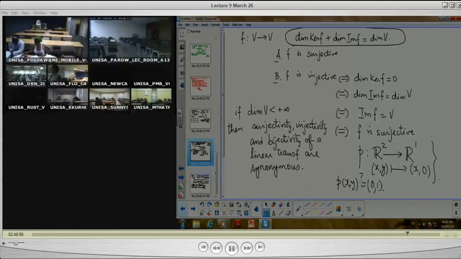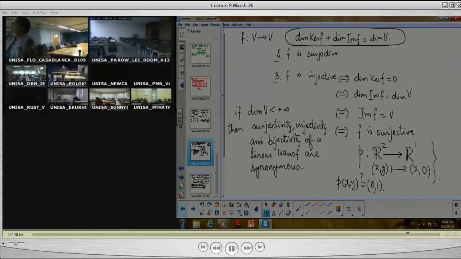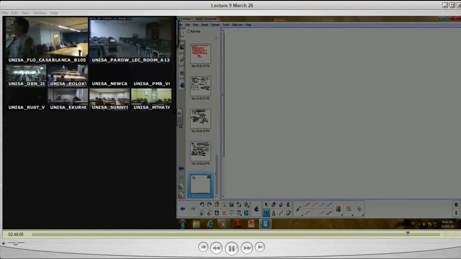Now, if the kernel of F is 0, there is nothing to do, immediate. If the dimension of the kernel of F is 0, this is just saying that F is injective.